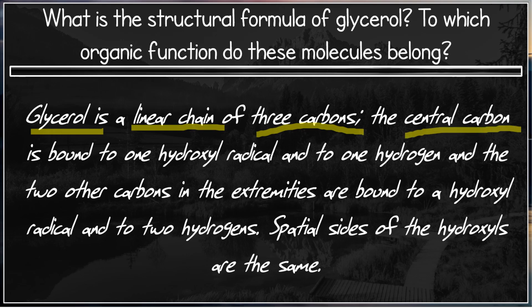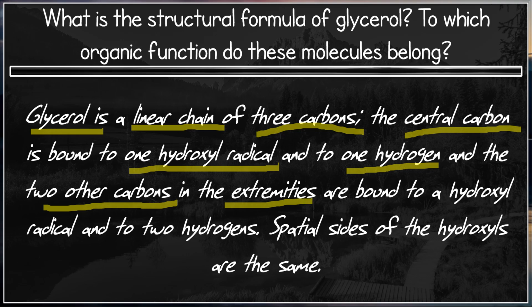The central carbon is bound to one hydroxyl radical and to one hydrogen. The other 2 carbons in the extremities are bound to a hydroxyl radical and to 2 hydrogens. The spatial sides of the hydroxyls are the same.